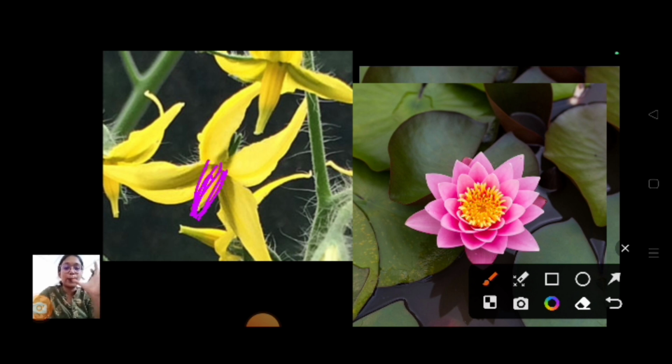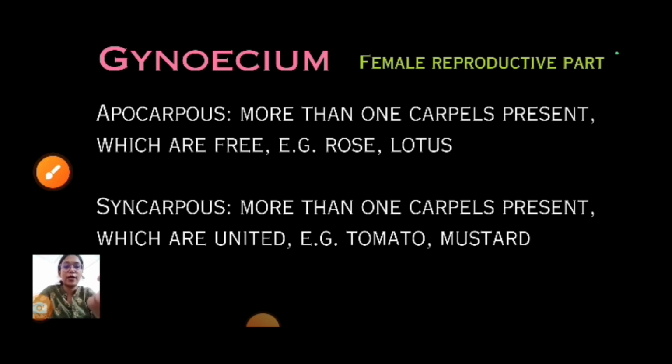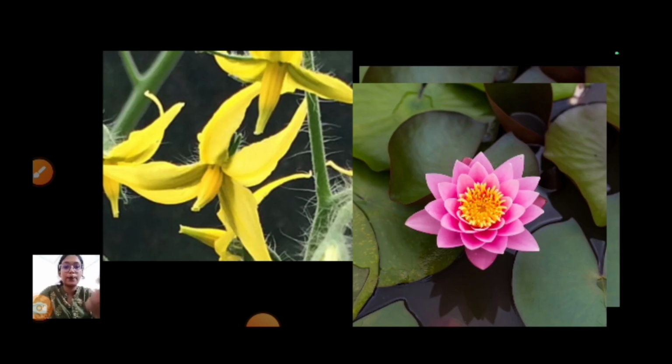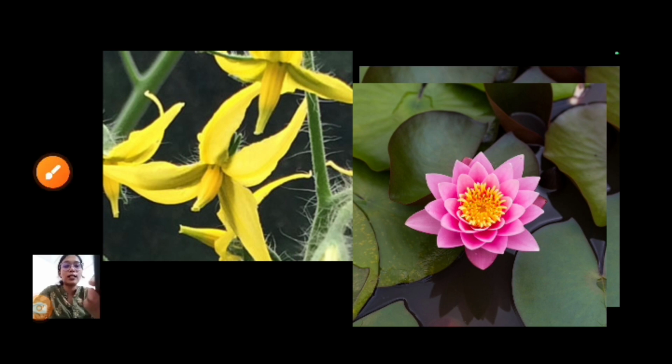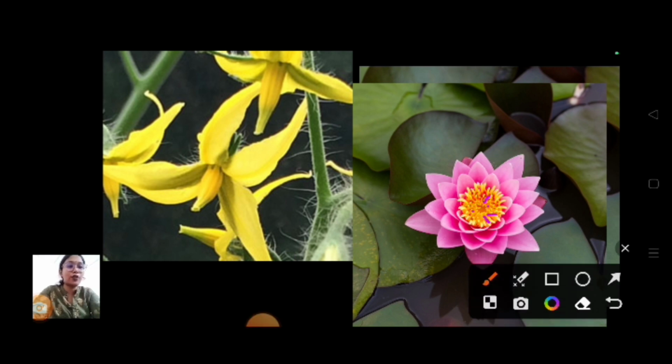All the pistils are joined together. What we have seen, syncarpous condition, tomato. More than one carpels present which are united. You have seen in the picture, these are united. Then apocarpous condition you can see in case of lotus. See, many are there which are freely present, not united. Apocarpous condition and syncarpous condition. Is it clear?